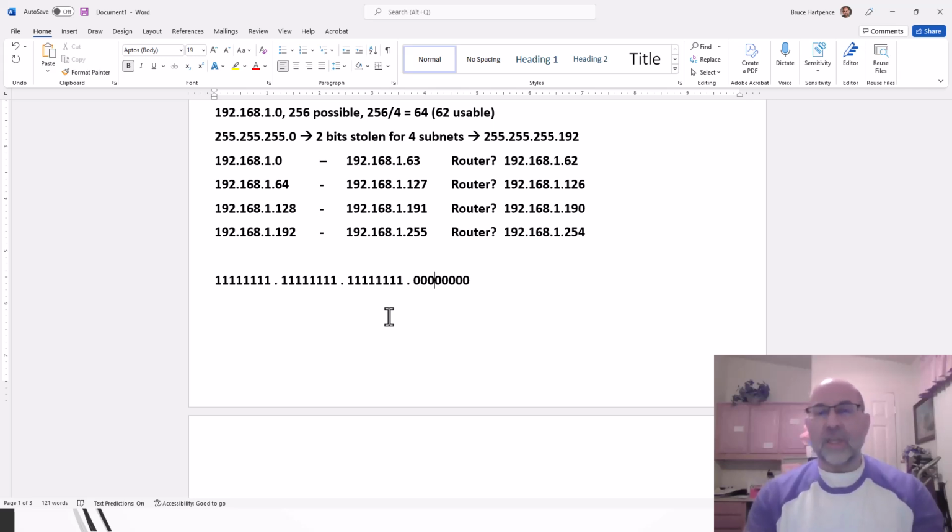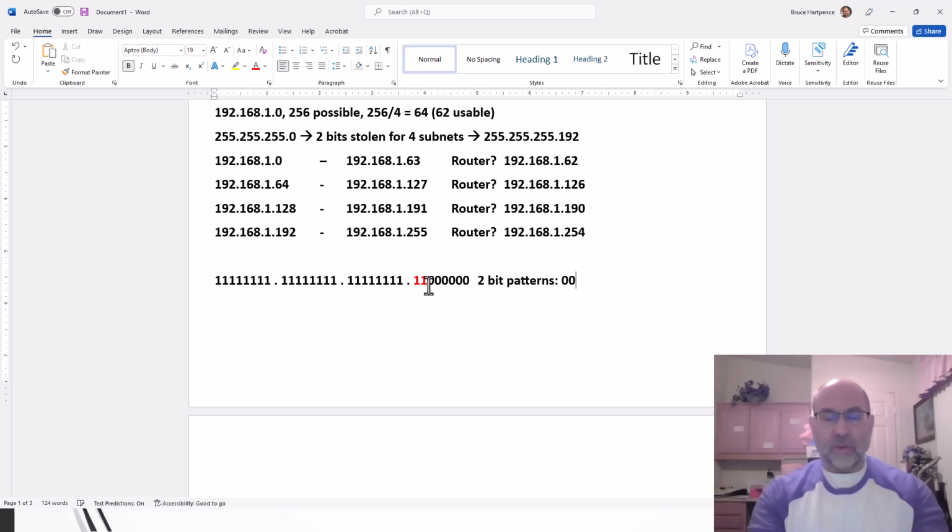So this is the default mask, but what I'm going to do is steal those 2 bits. How do I steal those 2 bits? I turn them into 1s. That's how I do that. So that becomes the subnet field. What are my 2-bit patterns?